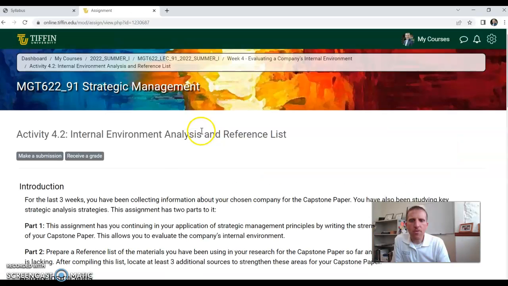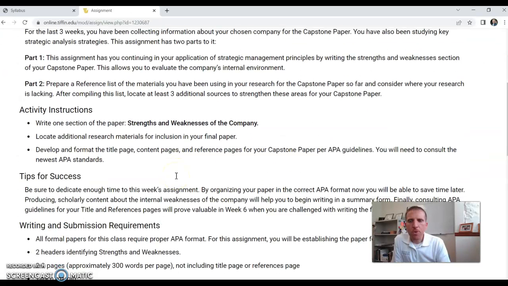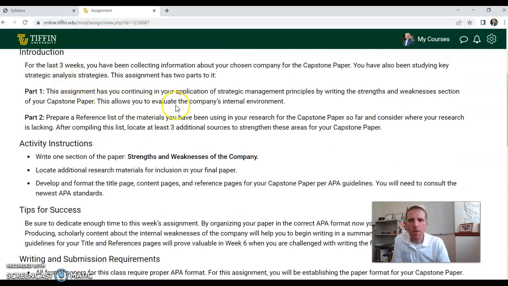So the internal environment: what we're required to do for this week's paper is twofold. Part one is continuing to apply these strategic management ideas around the strengths and weaknesses of the company that you identified for the internal environment.